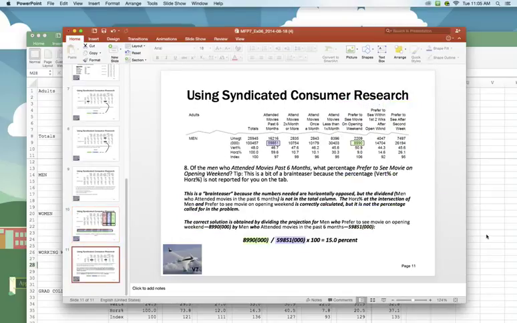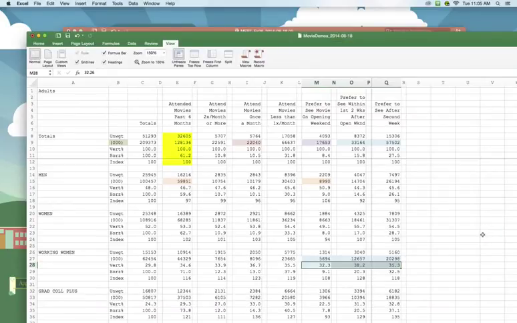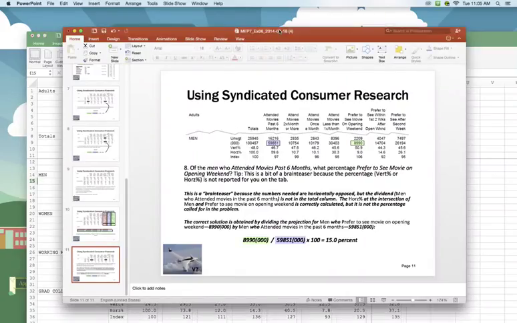So the last question is a little tricky, and this actually screwed a lot of people up in this case. We are looking for men, in regards to, look at the question real quick so I don't get it wrong. Of the men who attended movies in the past 6 months, which percentage prefer to see a movie on opening weekend?